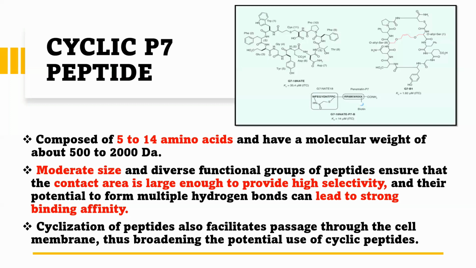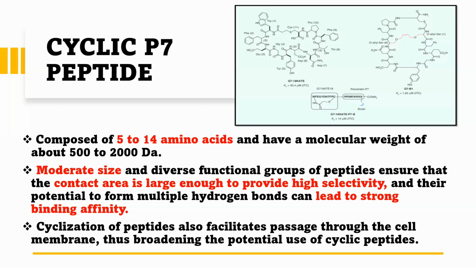The moderate size and diverse functional groups of peptides ensure that the contact area is large enough to provide high selectivity, and their potential to form multiple hydrogen bonds can lead to strong binding affinity.